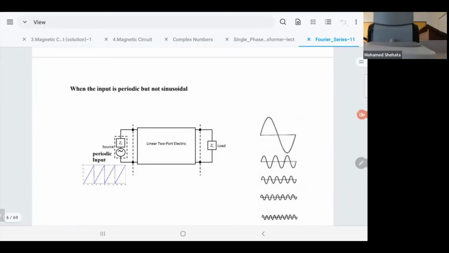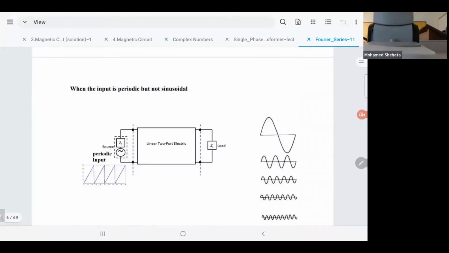So in this case, yes, we can solve it in the time domain, but it's really complicated. So they tried to figure out how they can solve this one.